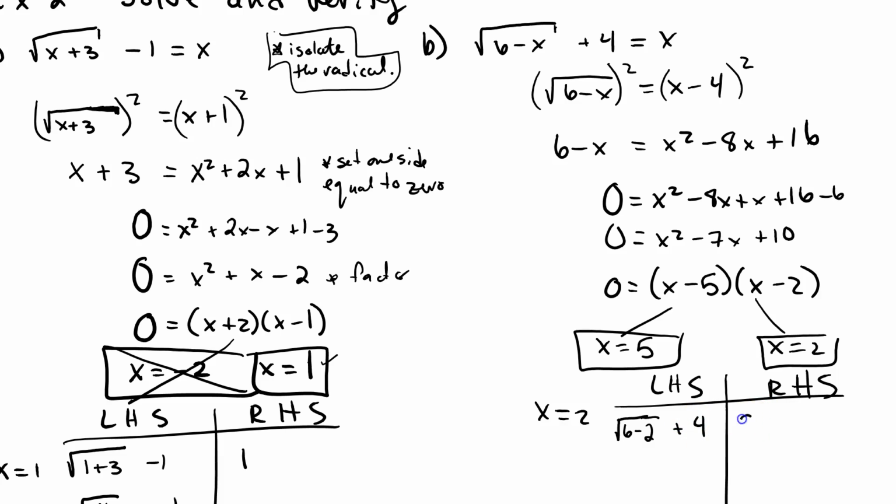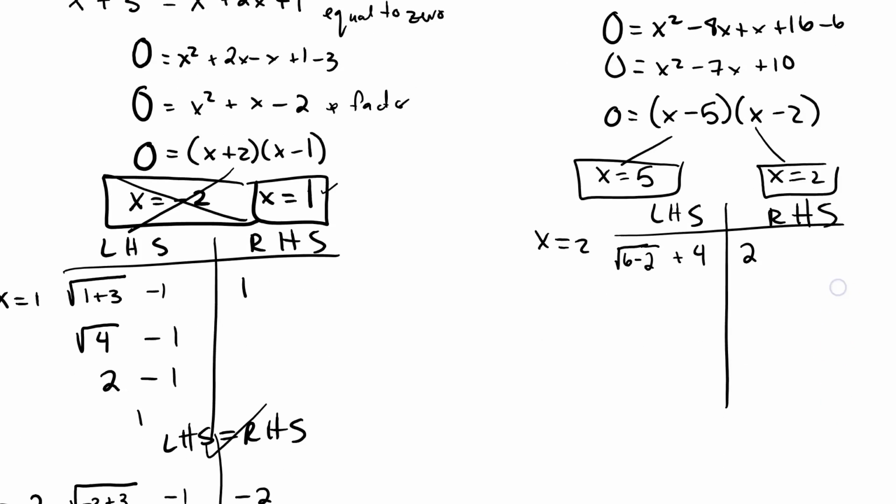Right-hand side equals x, which in this case is 2. Square root of 4 plus 4. Square root of 4 is 2, plus 4 is 6. 6 does not equal 2, so therefore I know that x equals 2 is not a solution.